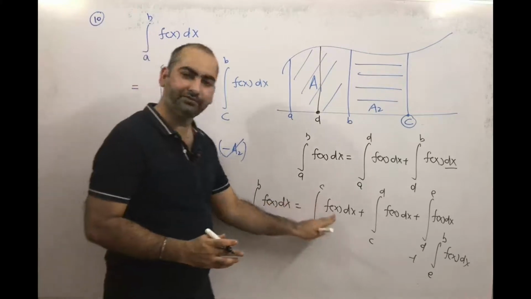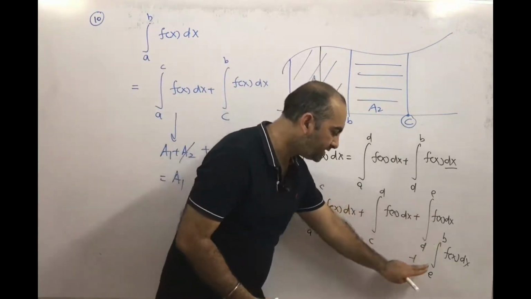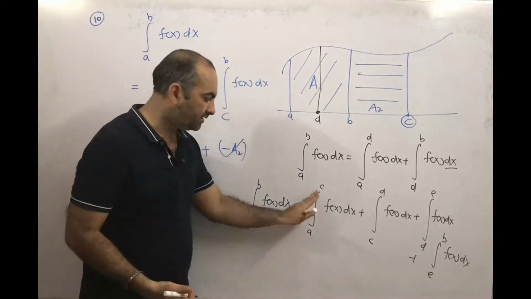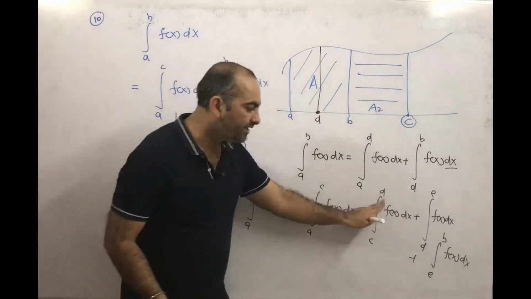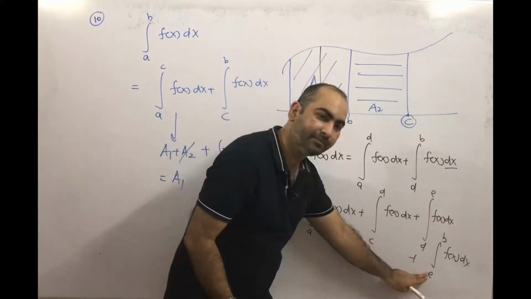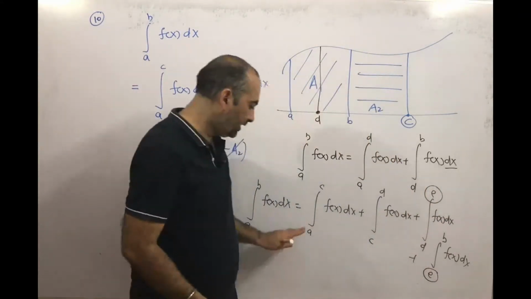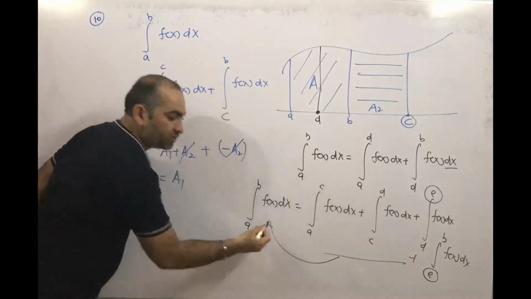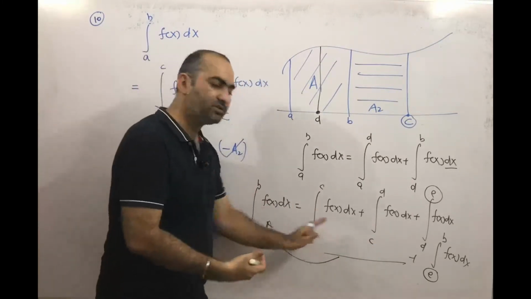If you want to combine, c is the same, so this becomes a to d f(x) dx. Now here d and here d, so we can combine a to e f(x) dx, and here e and here e are the same. So the upper limit is e and the lower limit is e, so we can write a to b f(x) dx. So this combined we can write like that. We can separate like that also and combine like that also. Both you should remember, vice versa also you have to remember.